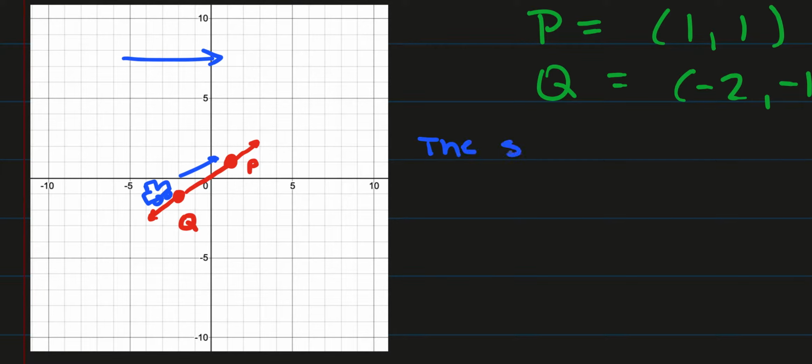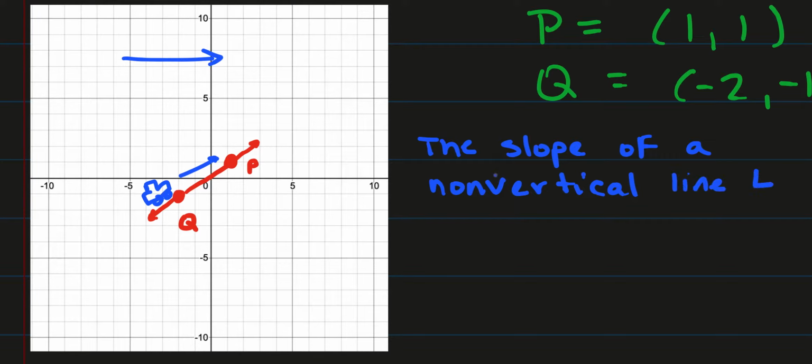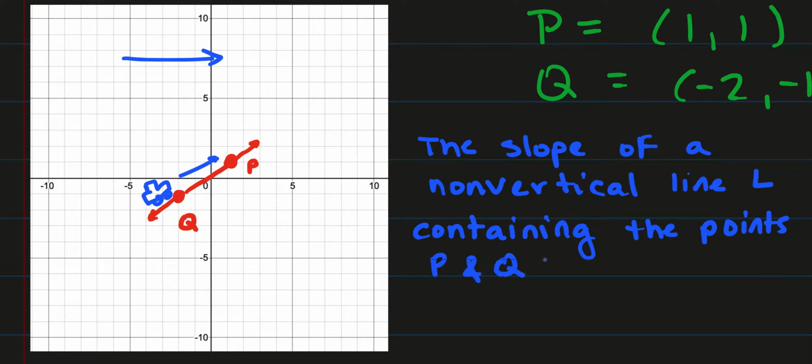So the slope of a non-vertical line L containing 2 points, so we're going to say the points P and Q, is defined as M. Let's do a different color here so we can really see this. Let's go with the red.